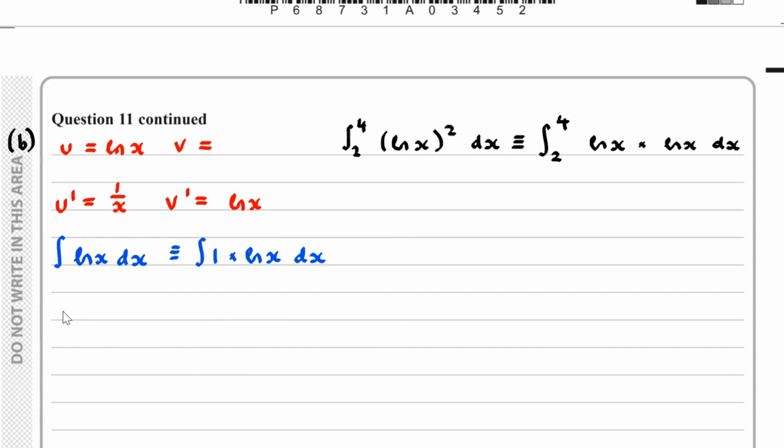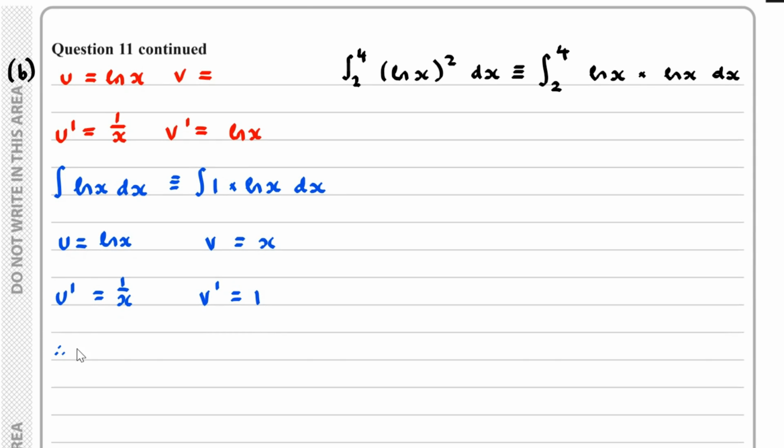Now, in this case, u is equal to natural log of x, u dash is equal to 1 over x, v dash is equal to 1, v is therefore equal to x. So the integral of the natural log of x with respect to x is equal to uv, so that's x times the natural log of x minus the integral of v u dash.